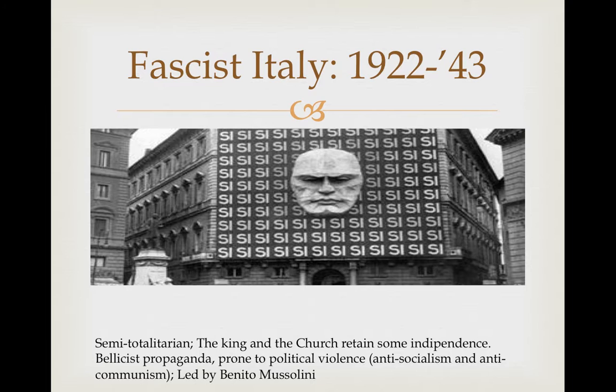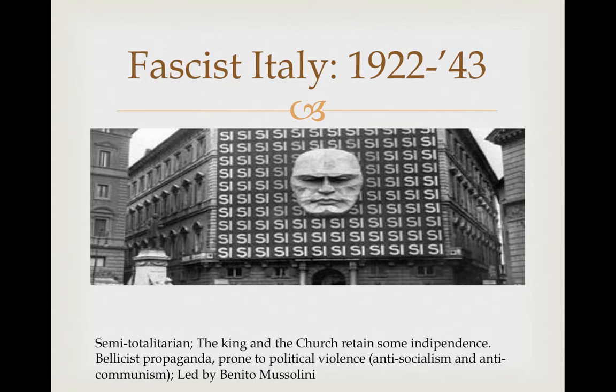So, first of all, Fascist Italy, 1922-1943. The basic concept they've got to master is that the dictatorship, while a real dictatorship, was not completely totalitarian. It might be said it was semi-totalitarian, as the monarchy, the king, and the church did retain some independence, albeit they actively cooperated with the regime.